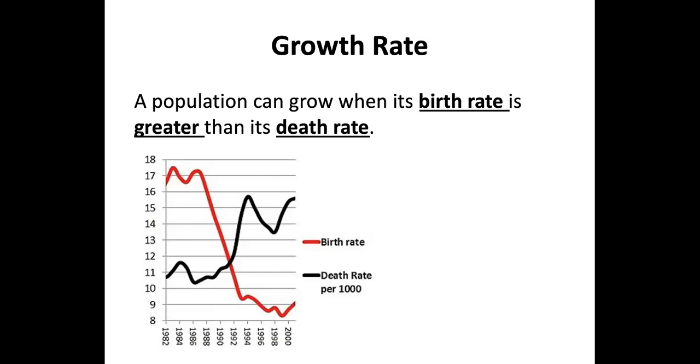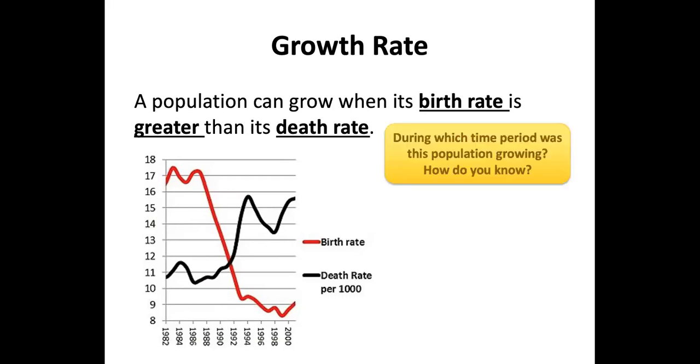And then one of the last things, which is growth rate. Okay, a population can grow when its birth rate is greater than its death rate. So if you look up here, during which time period was this population growing?